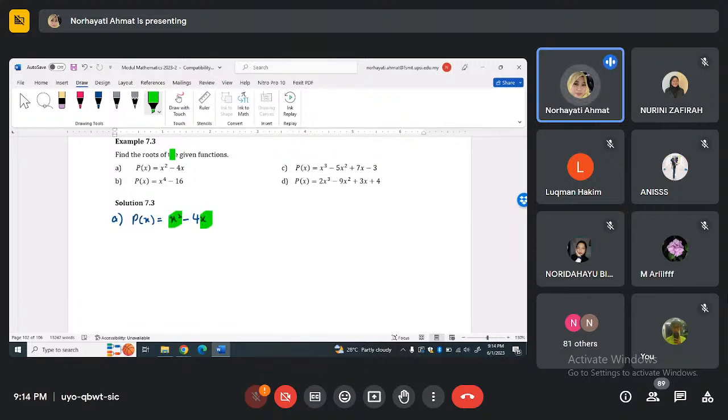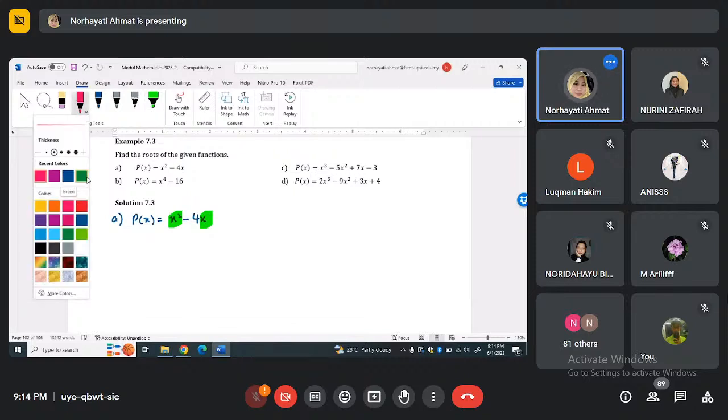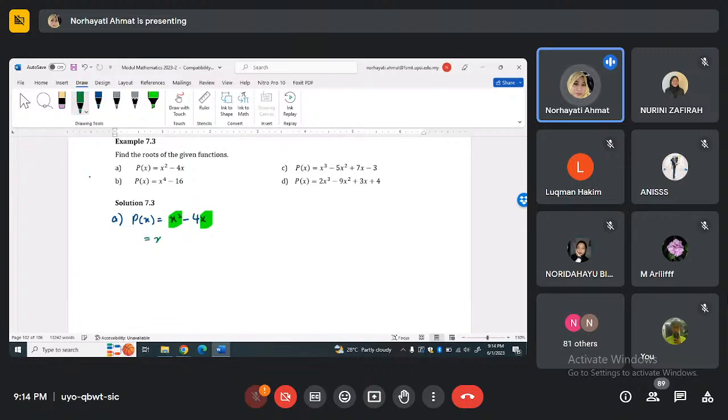So we know that we can factorize x. So for the next line, we have x in bracket. So we factorize x, so only x leaves for the first term. And for the second term, we have negative 4. Okay, so x times x is x squared, x times negative 4 is negative 4x.